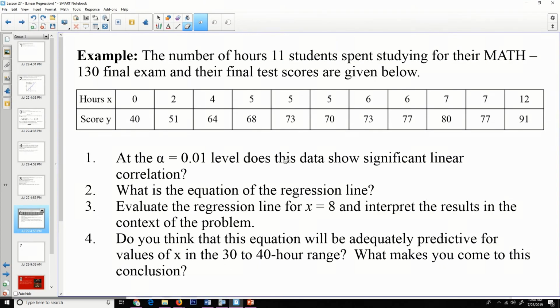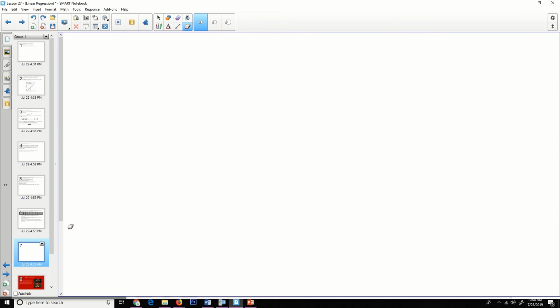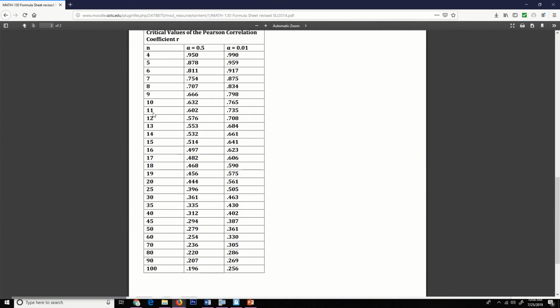So let's start trying to answer some of the questions. At the 0.01 level, does this data show significant linear correlation? The first thing I want to do is look at my table here. We have 11 items, and at alpha equals 0.01, we need a 0.735.